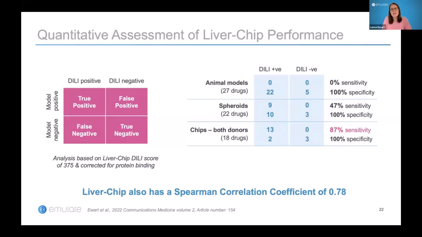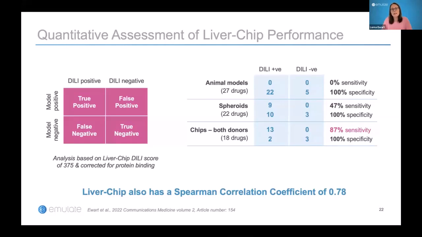The hepatic spheroids were correctly able to identify 9 of those. They missed 10 of them. Remember, we did enrich our set for those drugs that were deemed false negative, so this was not unexpected. This therefore came out with a 47% sensitivity for the spheroids.